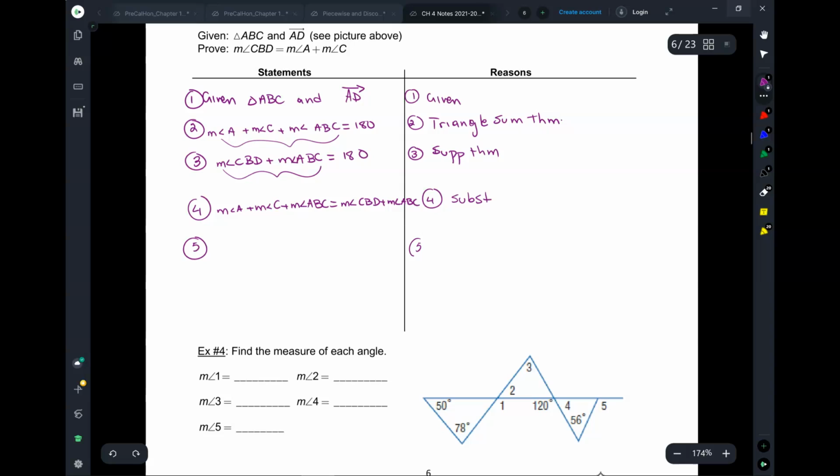Next, look, I have measure of angle ABC on both sides, so I can subtract ABC. What do I have left over? Measure of angle A plus measure of angle C is equal to measure of angle CBD. Subtraction. All right?